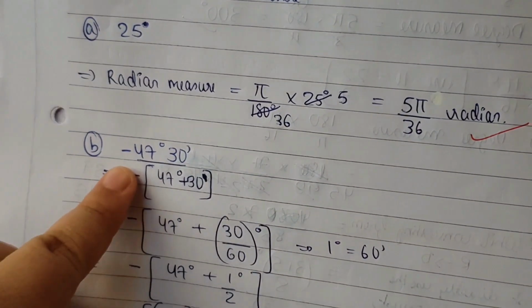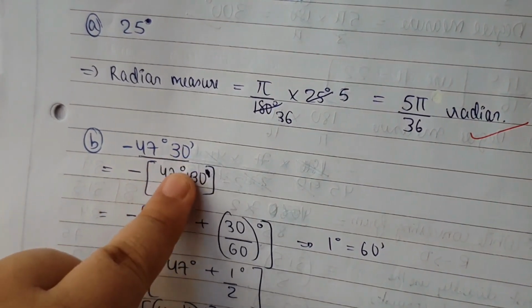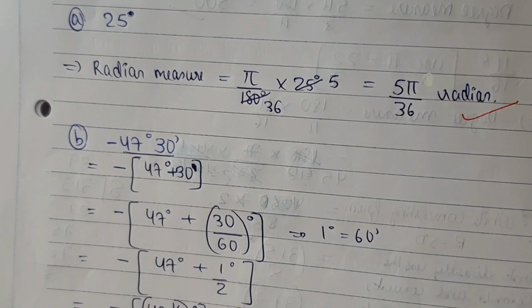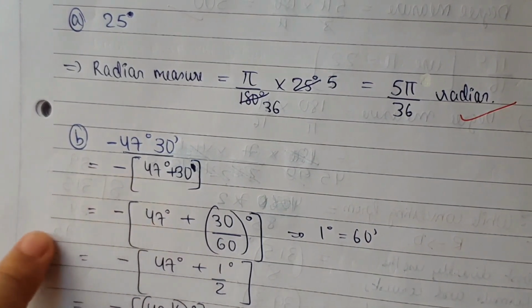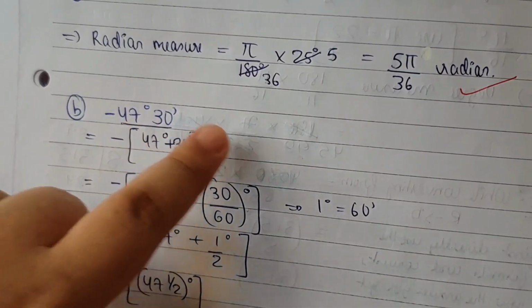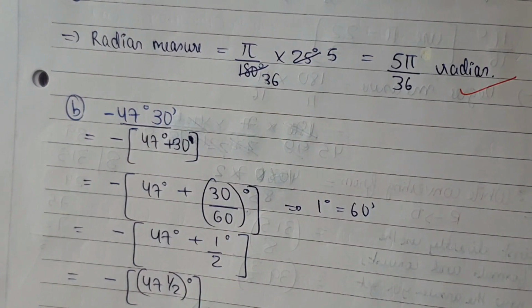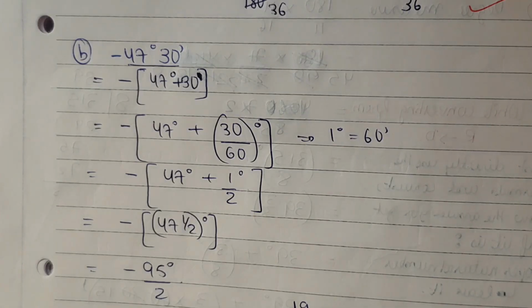The second one is minus 47 degrees 30 minutes. You have a minus here, but don't get confused, it's actually very simple. Just take the minus outside of the whole thing, write the rest inside, and go on solving within.